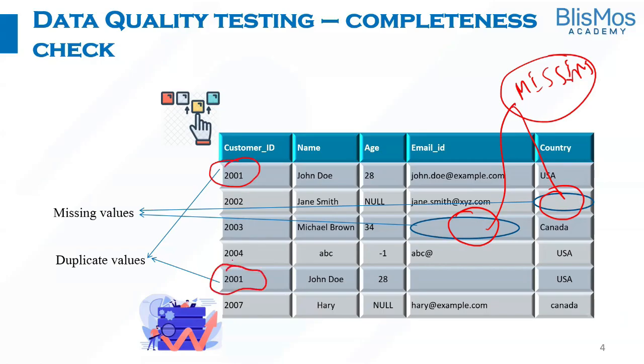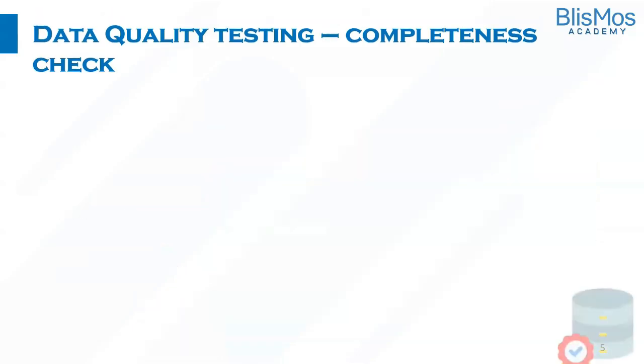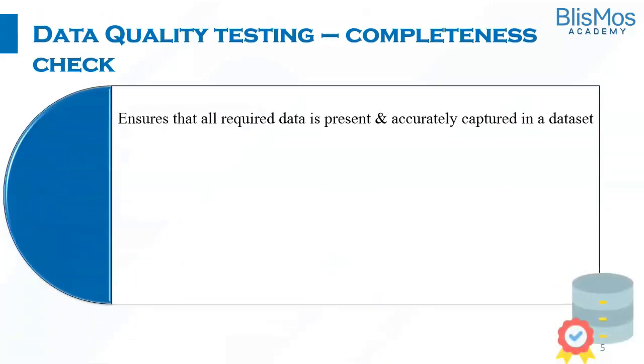This duplicate value check can be considered a part of the completeness check and also a part of the accuracy check. As a part of the completeness check, we ensure that all the required data is present and accurately captured in a data set. A data set can be a table, a file, or HDFS, any of the systems.